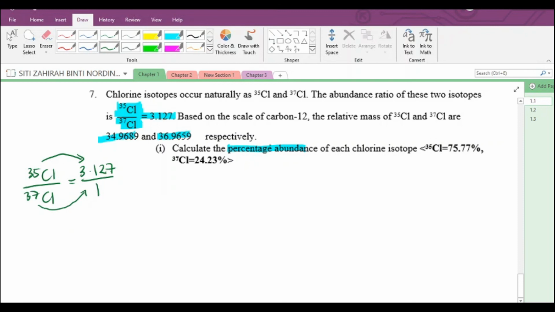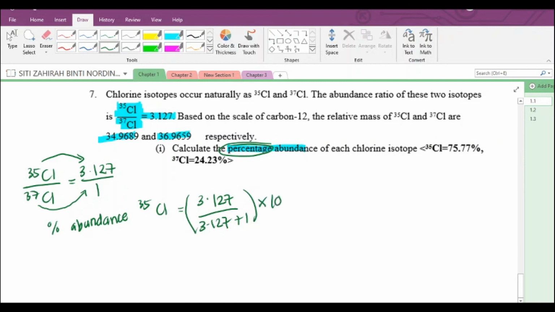But the question asks you to find the percentage abundance. So I'm going to show you how to find the percentage abundance for 35Cl only, and you carry on the rest of the question. So for 35Cl, the abundance is 3.127 over the total abundance times 100%, because we're going to find percentage abundance.